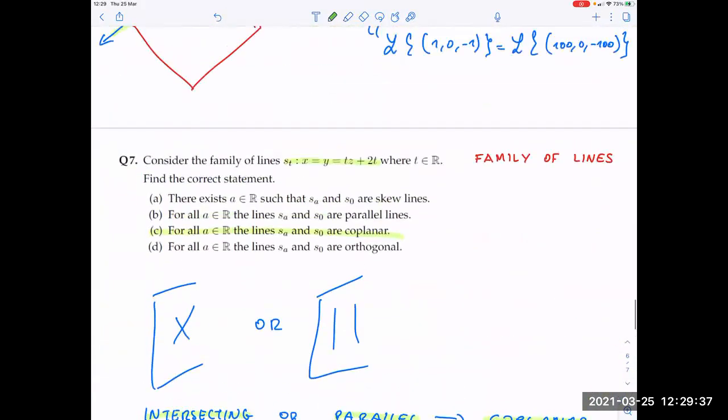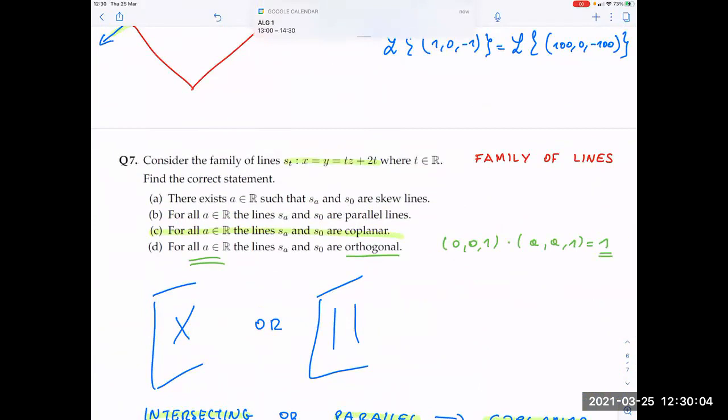And we can go here, for example, you see there is a question about orthogonal for all values of a. It means that (0, 0, 1) dot (a, 1, 1) should be 0 for all values of a. But this is 1, so they are never orthogonal, for example, okay?